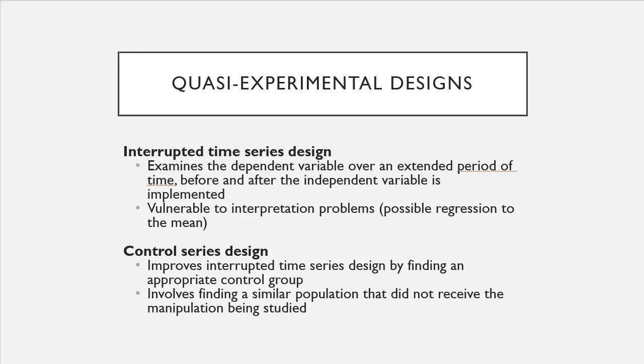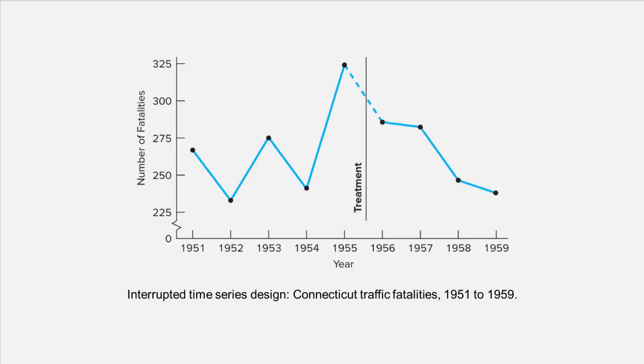Let's take a look at an example of an interrupted time series with and without a control group. In this example, we're going to take a look at traffic fatalities in Connecticut from 1951 to 1959. These are the number of traffic fatalities, and there was a spike here, and then it decided to go down. Well, let's see what happened. There was a treatment effect that happened.